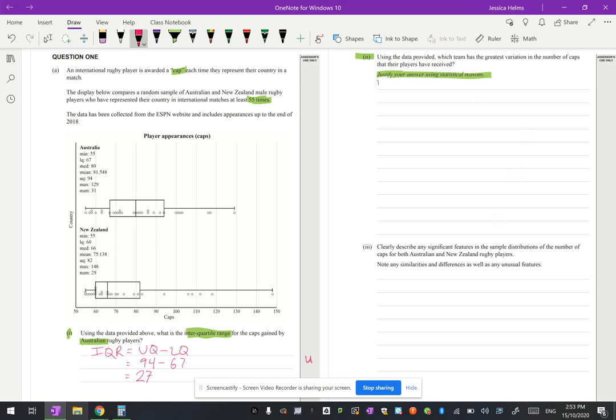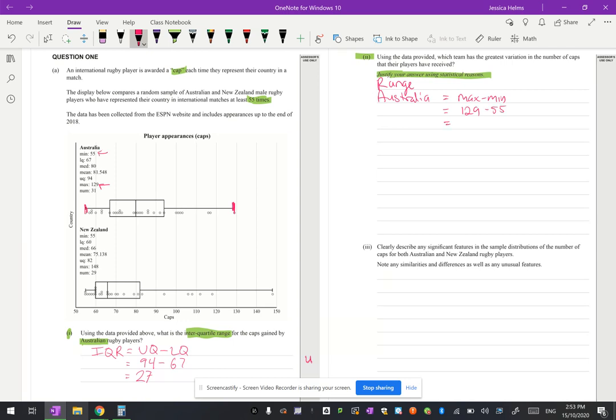Now we can look at the range for both of these. So the range for Australia, now the range is your maximum minus your minimum, so max minus min. And for this one, that is 129, so you can get that number here, so you can be more exact, minus 55.